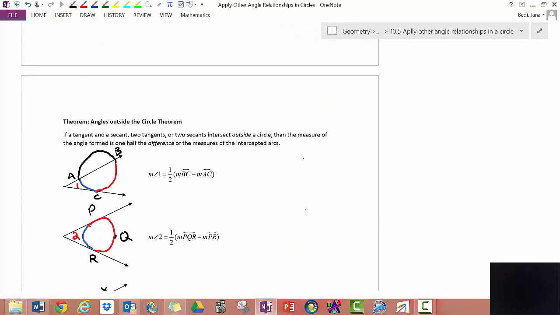Okay, let's look at the angles that are outside the circle.